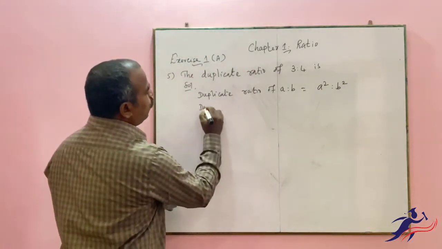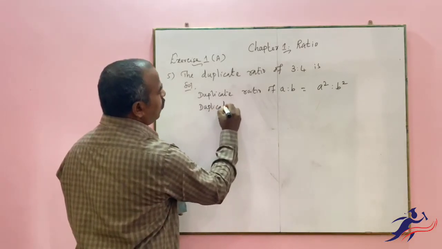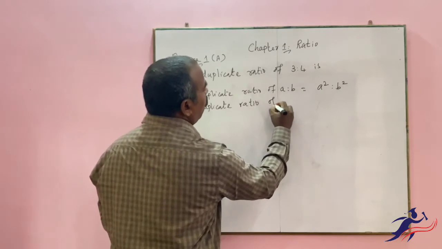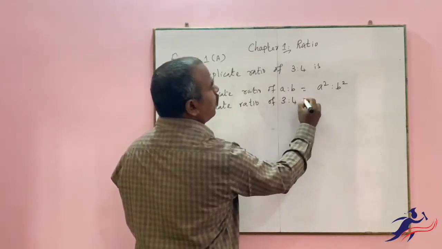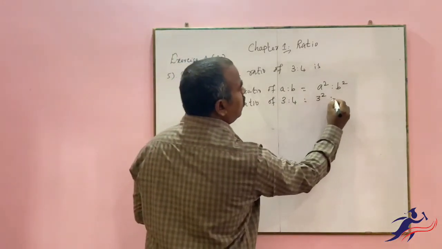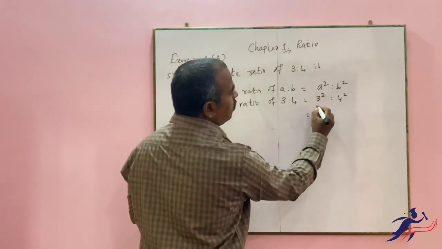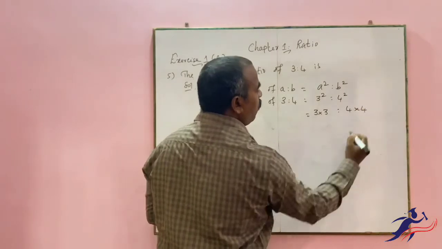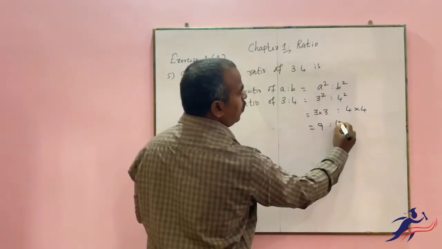Therefore, duplicate ratio of 3 is to 4 is equal to 3 square is to 4 square. That is 3 into 3 is to 4 into 4. That is 9 is to 16.